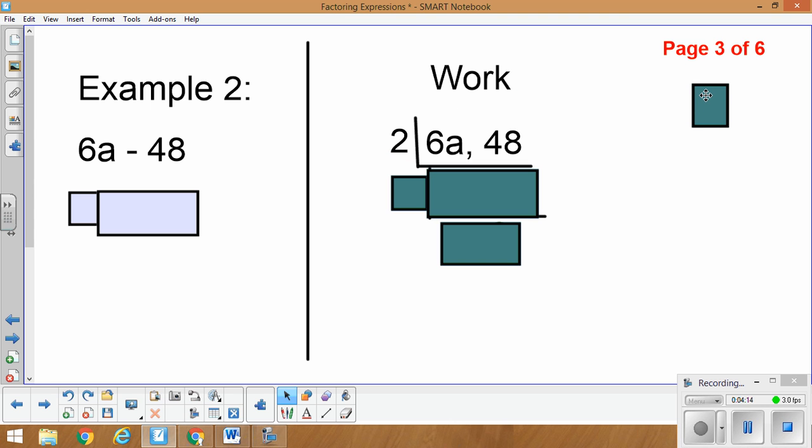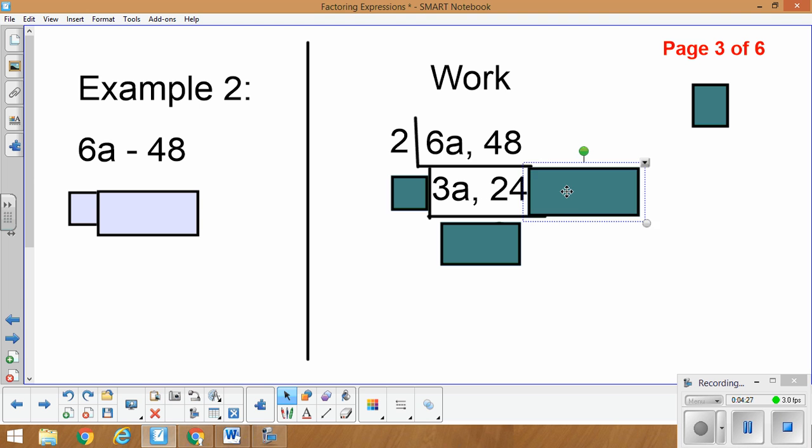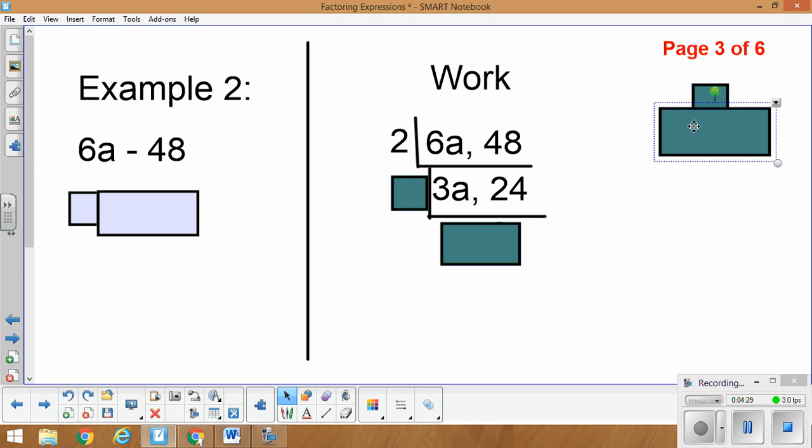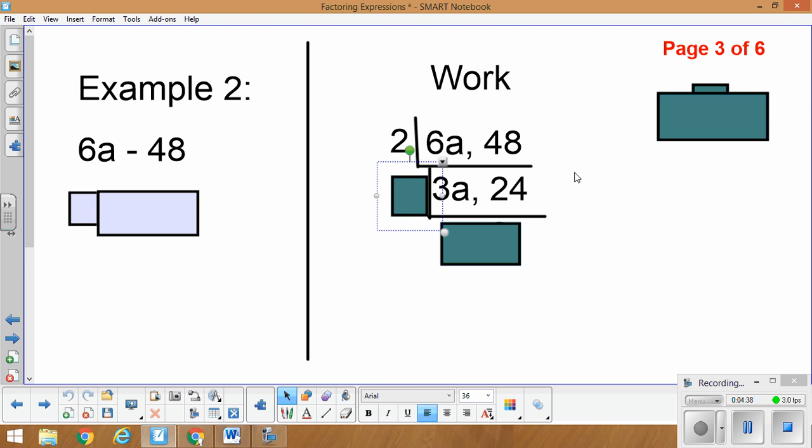You could have used the number 6 right off the top if you thought of it. I'm just showing you the smallest numbers possible. So 2 can go into 6a 3a times, and 2 goes into 48 24 times. Now I'm going to look at 3 and 24 and think about a factor that can go into both of those. That factor would be 3.